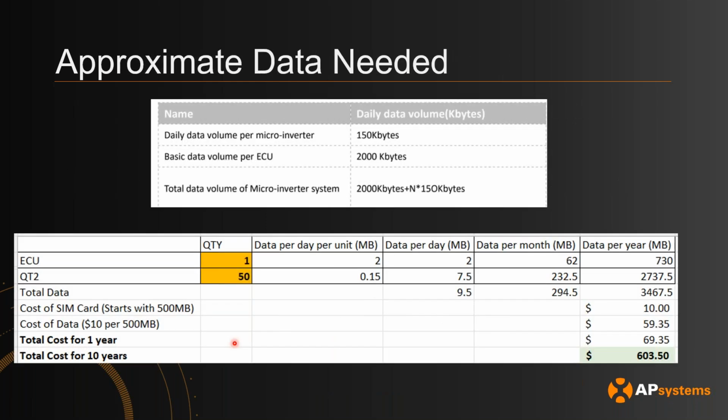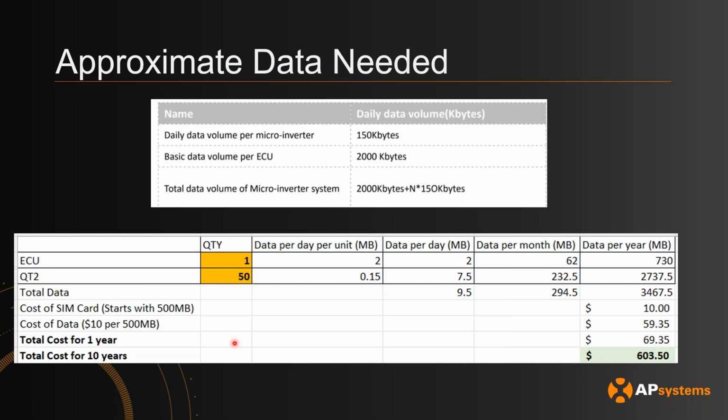In terms of sizing the data, this is what I generally would recommend. For every microinverter, it's going to be 150 kilobytes a day. For an ECU, it's going to be 2 megabytes a day, and you can use that to extrapolate how much data you would need for a system.